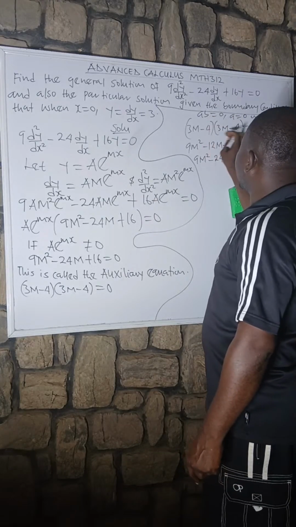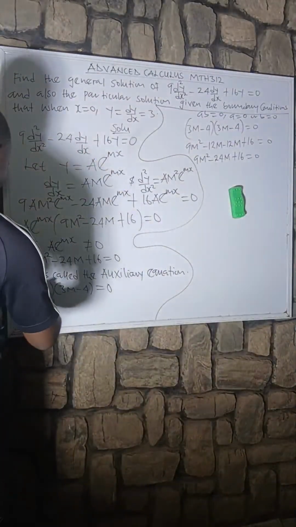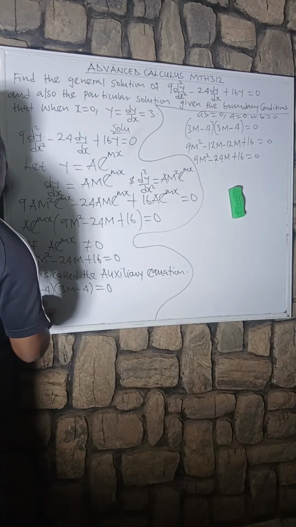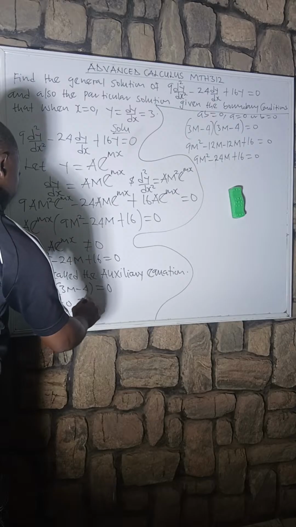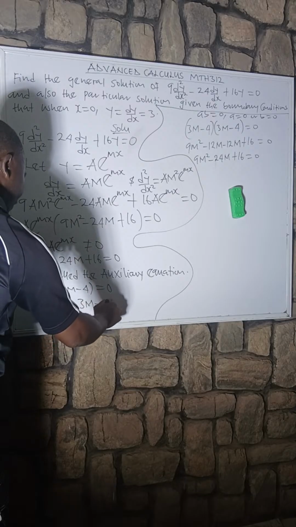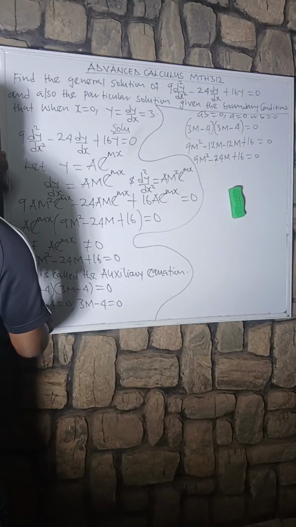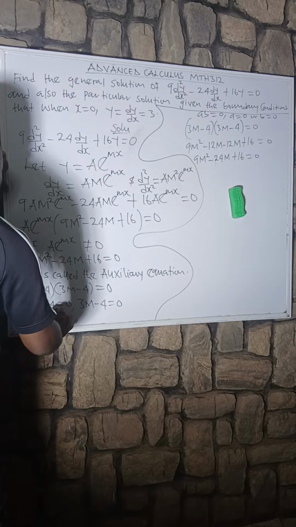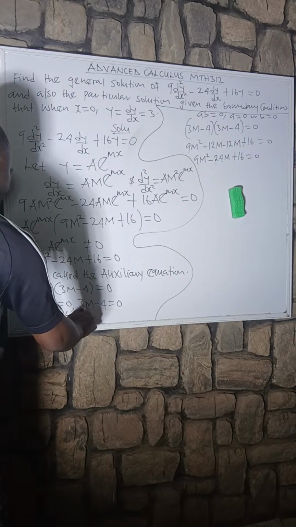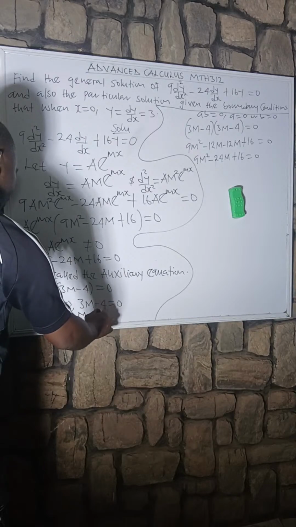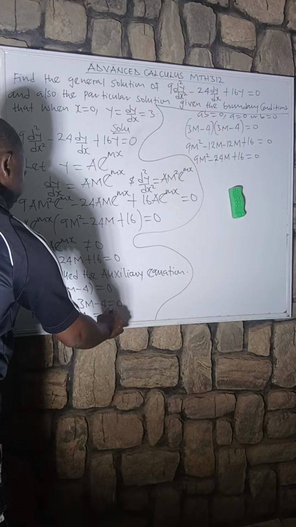These two brackets, this is A, this is B. So this implies that we can equate 3M minus 4 equals 0, then 3M minus 4 equals 0. This implies that our M1 is equal to 4 over 3, or M2 is equal to what? The same 4 over 3.